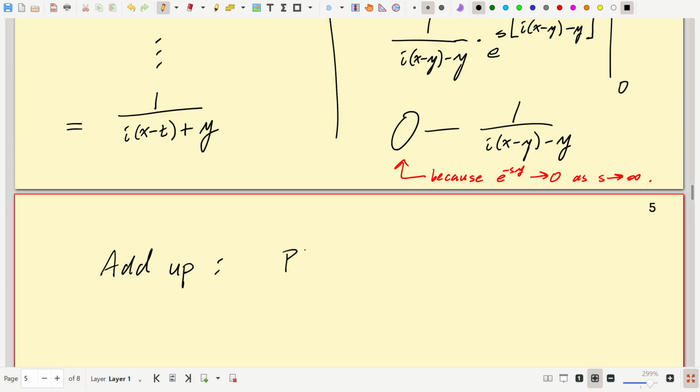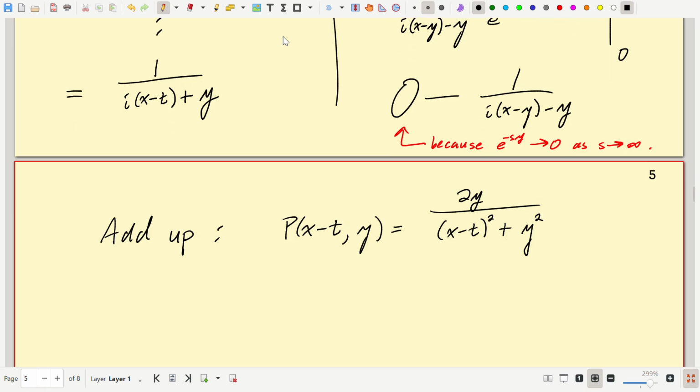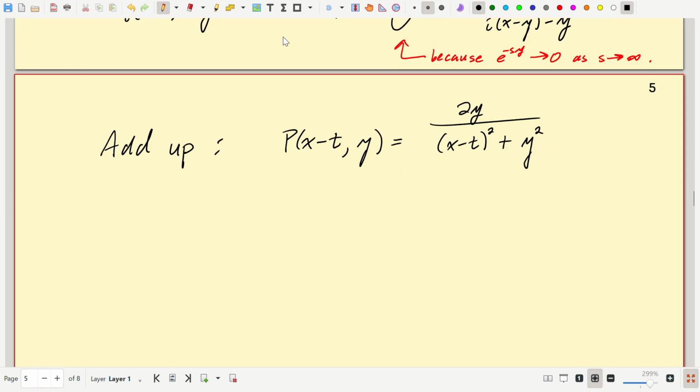that P of x minus t, y is something simple: 2y over x minus t squared, kind of mind-blowingly simple, plus y squared. That's the Poisson kernel for the upper half plane, without the pi in front.